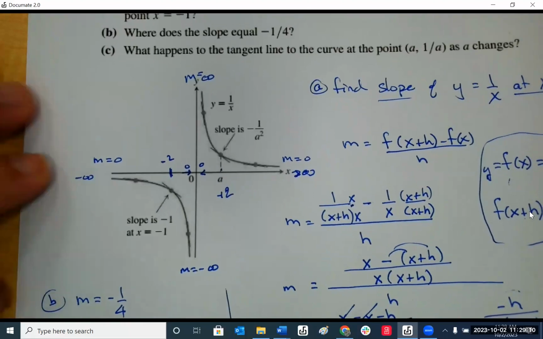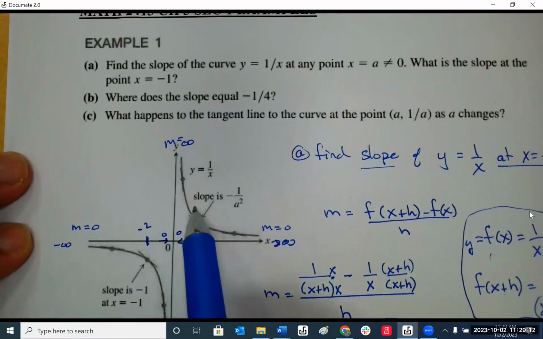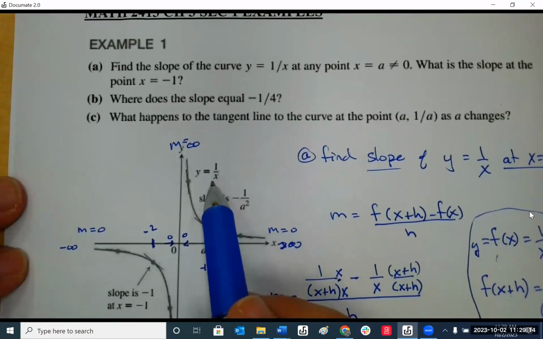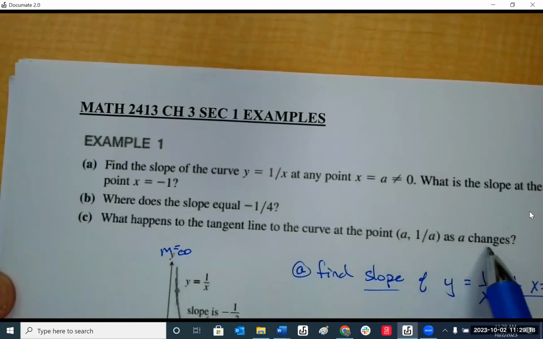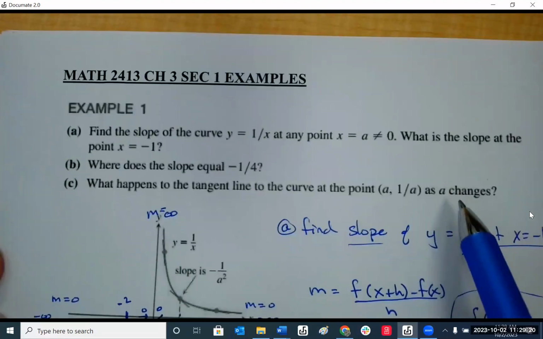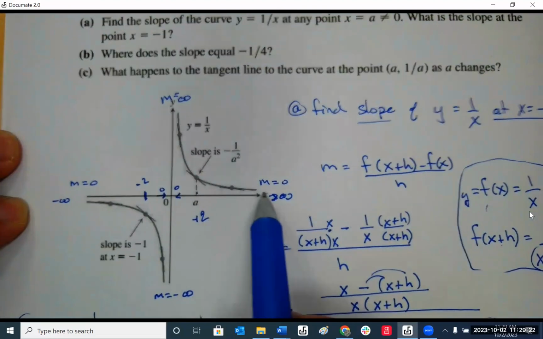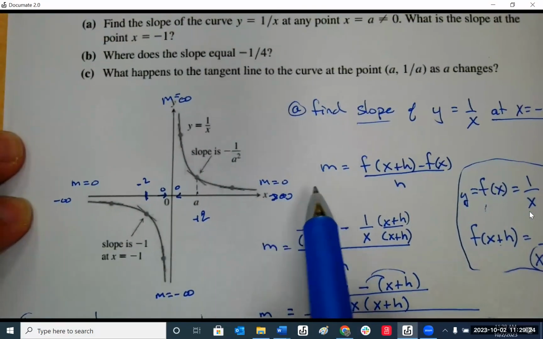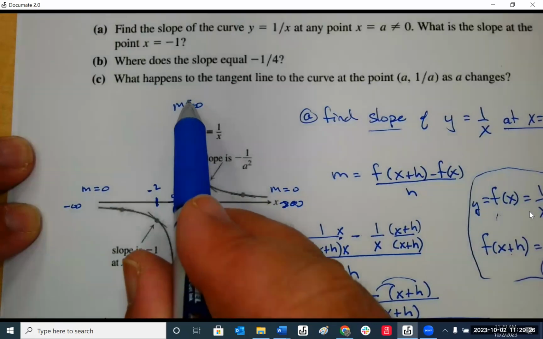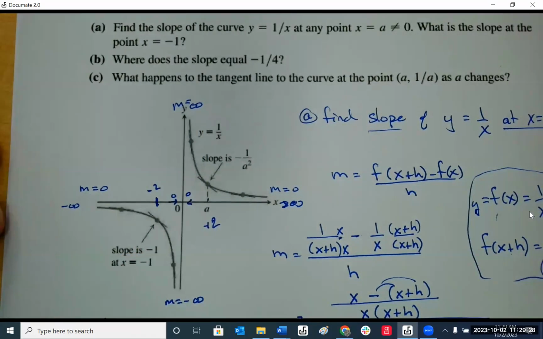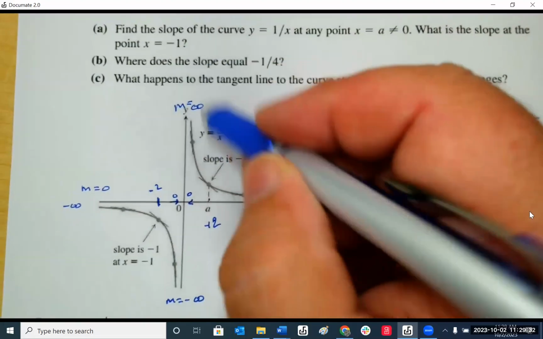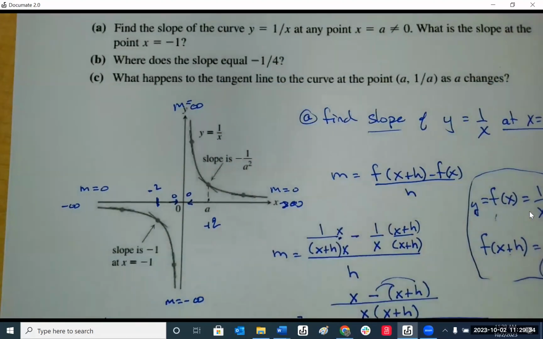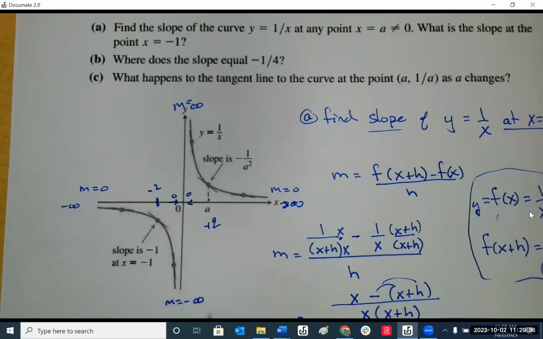So it helps when we look at the picture. We know that this graph is 1 over x. So what this last question is asking is, as x goes to infinity, the slope goes to zero. As x goes to zero, it goes to infinity. So there is no slope here. It's a vertical line there, and a sort of horizontal line here, and likewise here.